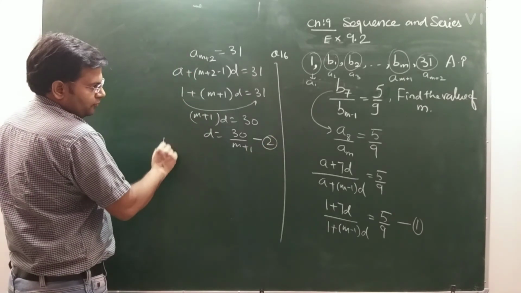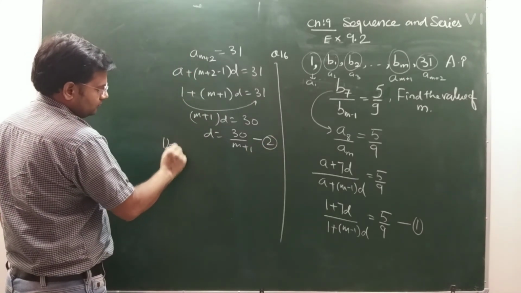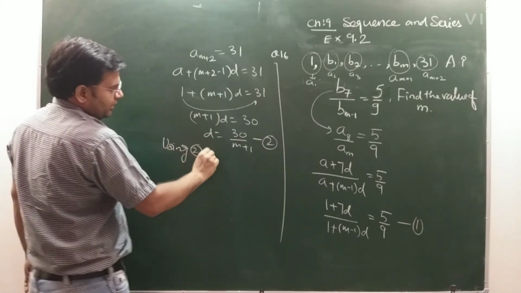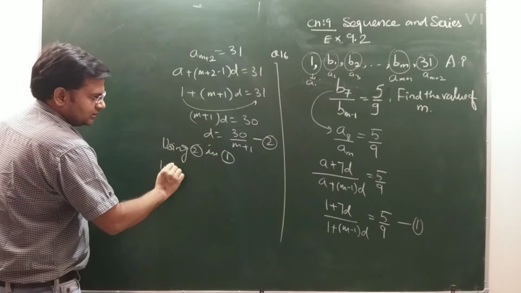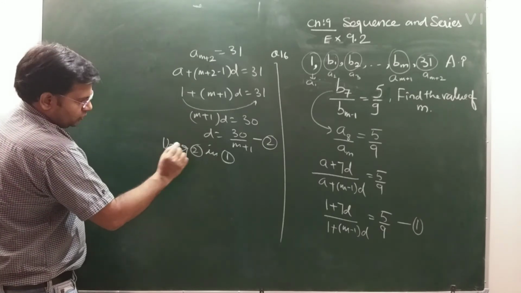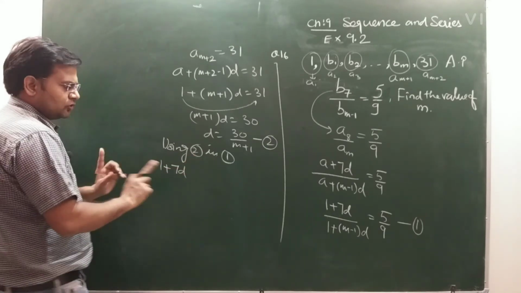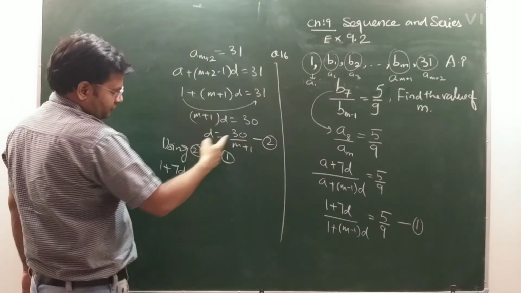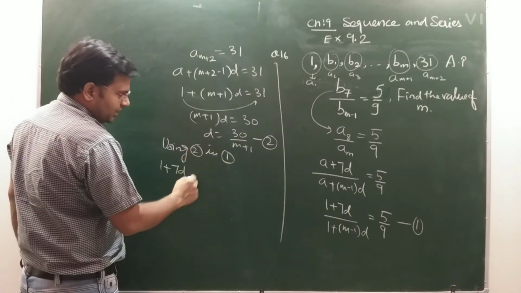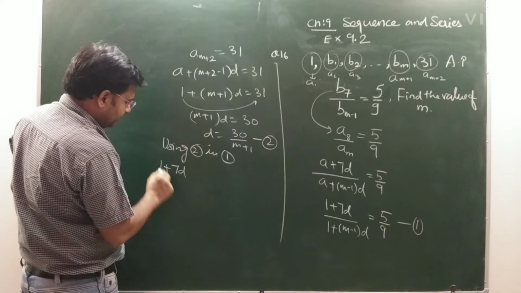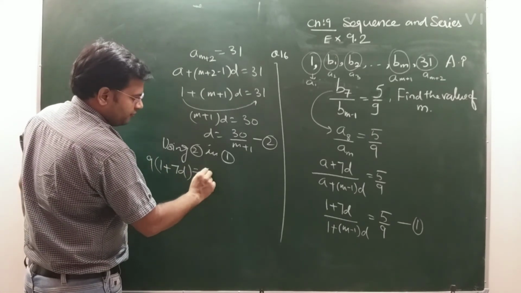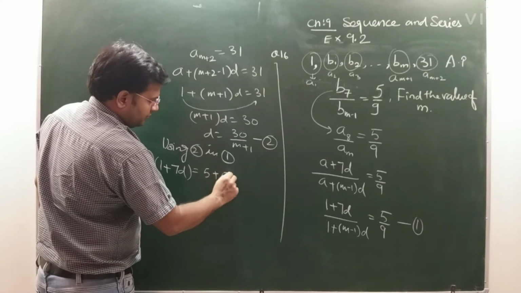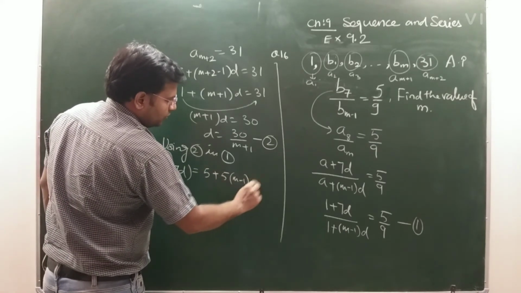So using 2 in 1, what do we get? 1 plus 7d. We can simplify first in terms of d, and then ultimately at last we will substitute the value of d as 30 upon (m plus 1). So (1 plus 7d) into 9, and this is going to be 5 into (1 plus (m minus 1)d).